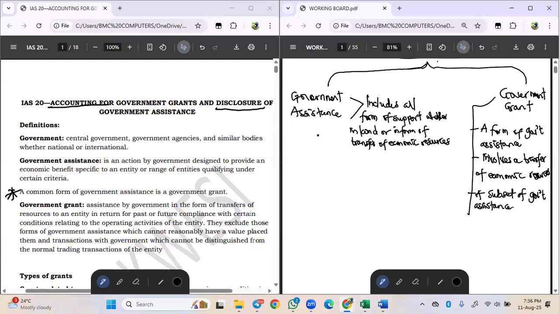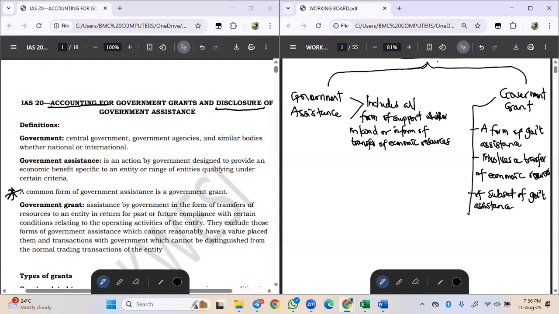So let's continue with the government assistance. Government assistance can be either the government grants or any other assistance that does not include transfer of assets, or economic resources.